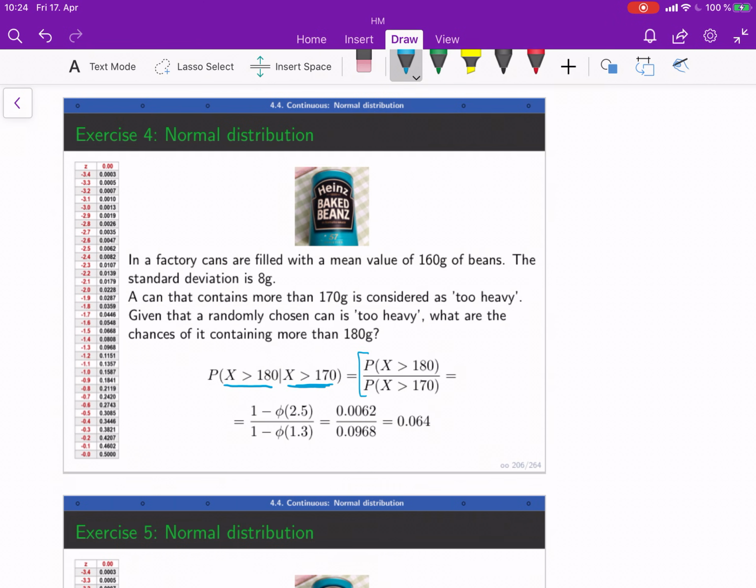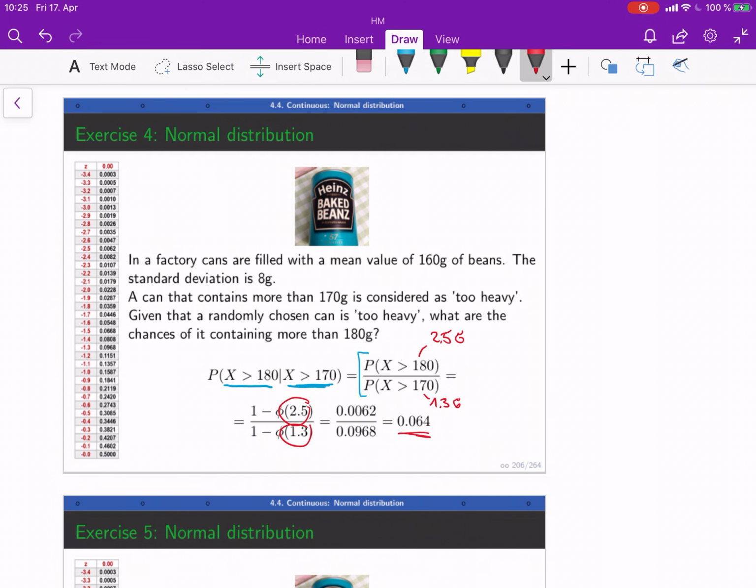And yeah, then there's not that much to do. I need to see, okay, 180, that's 20 grams above. So 20 divided by 8 is 2.5 sigmas. And 170 is something like 1.3 sigmas. And then I put that into the formula, and I get like 6%.